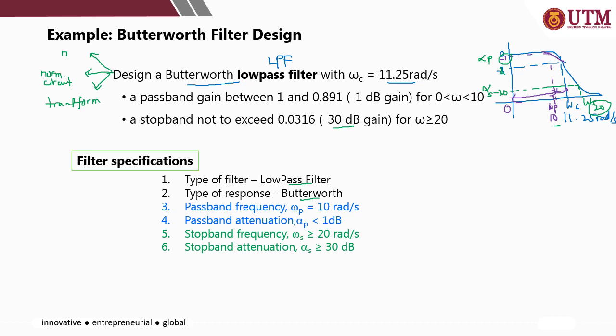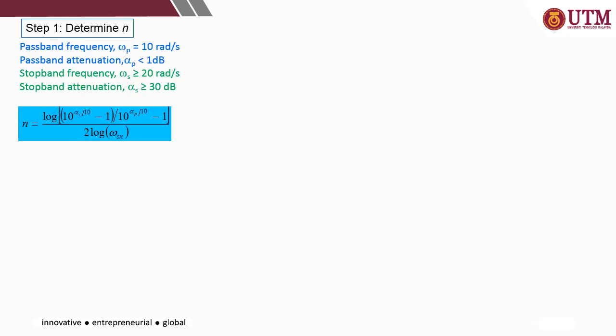Okay, so let's look at how to calculate the filter order number. The first step is to calculate n. If you have the equation in hand, then you can just use the equation straight away, or else you can refer to the graph if it is provided. So from signals and systems, if you still remember, the alpha S and alpha P in this equation need to be in dB, positive values only.